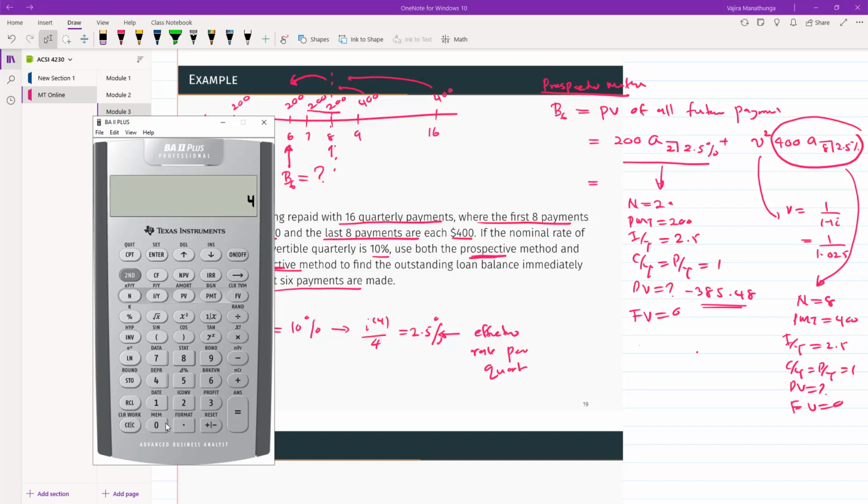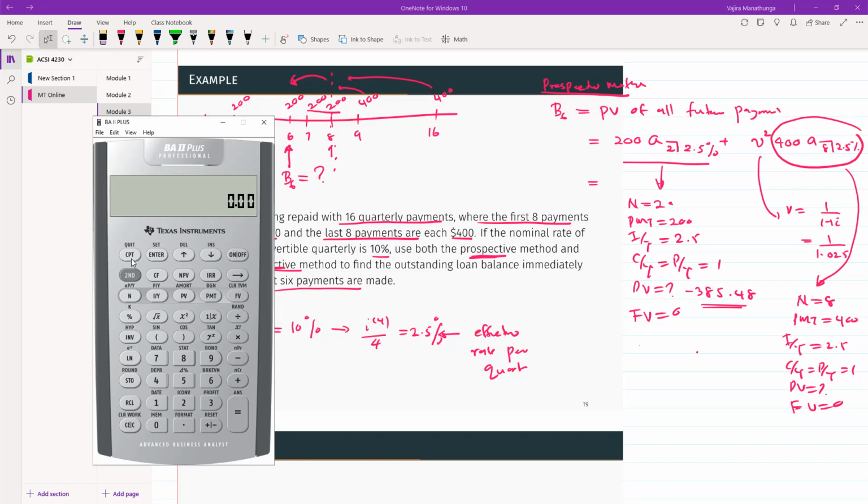N is 8, 400 payment, 0 future value, 2.5 rate. And this needs to be 1.